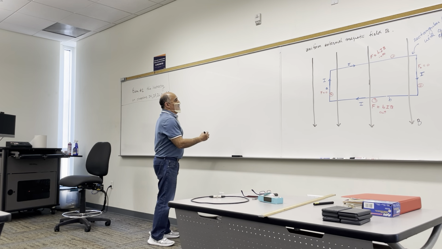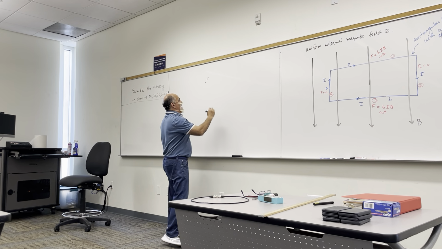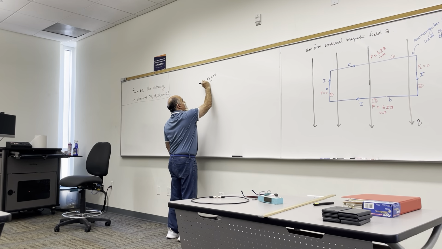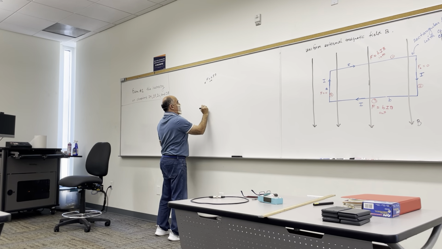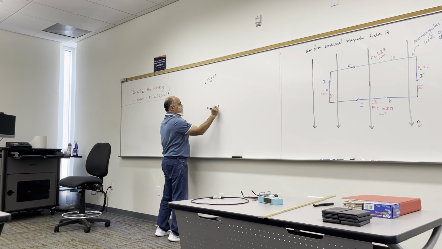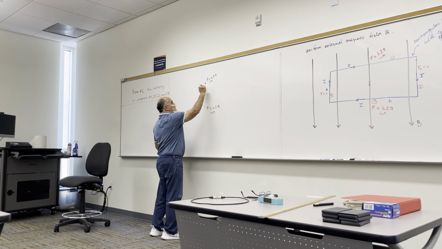So we have a force at the top, F equals I, B, capital B, and this is into the board. The force at the bottom is also I, B, capital B, but it is out. And the distance between these two is A.